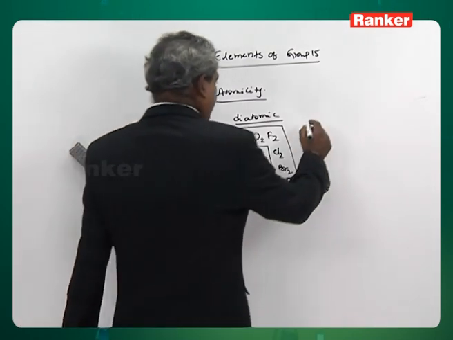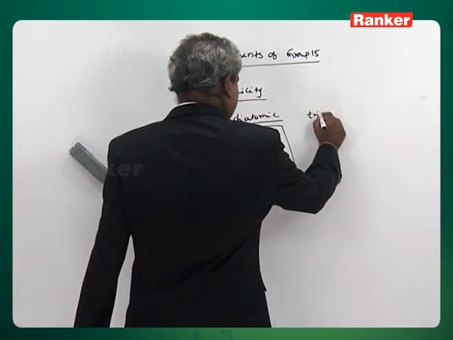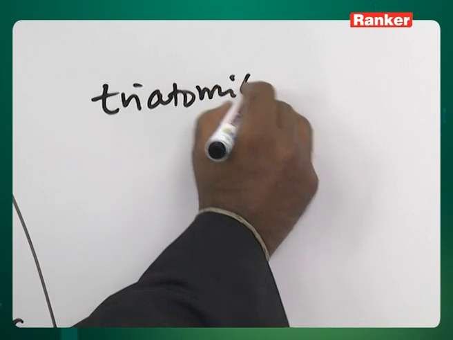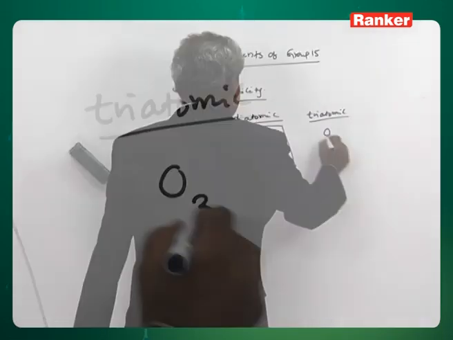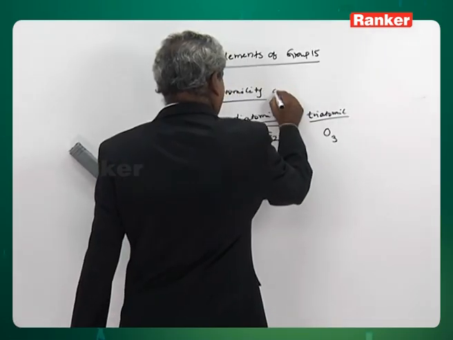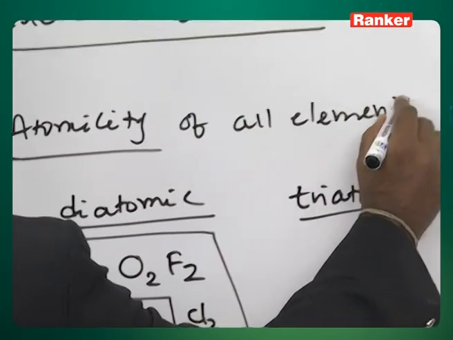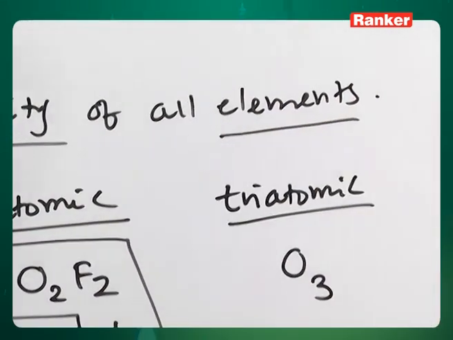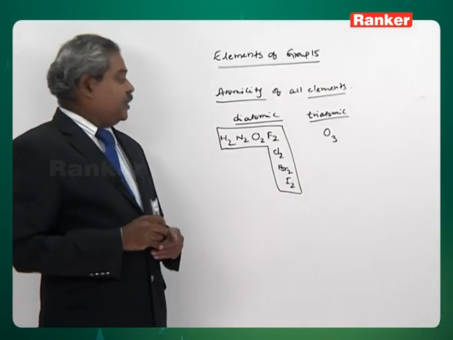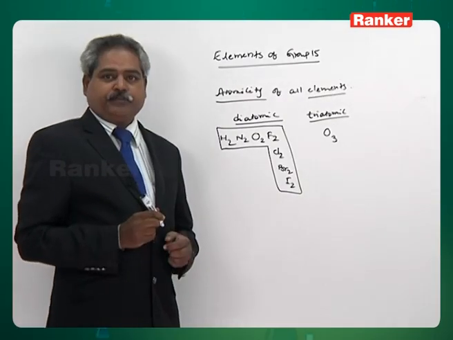There is just one element that is triatomic. Triatomic. Ozone. Atomicity of all elements, and of course ozone is also an element.